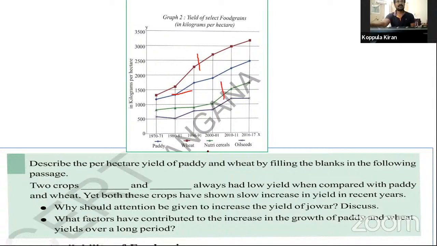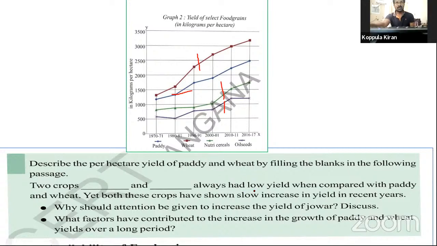And the green color is nutri cereals. I told you already what the cereals are. It is also known as coarse cereals: Jowar, Bajra, Ragi, and maize. These are the nutri cereals. And another thing is oil seeds. These are very low.